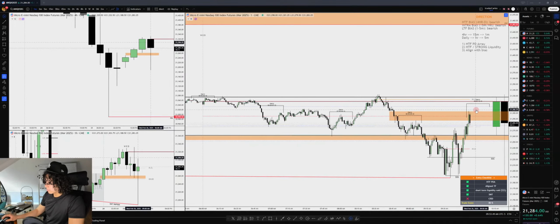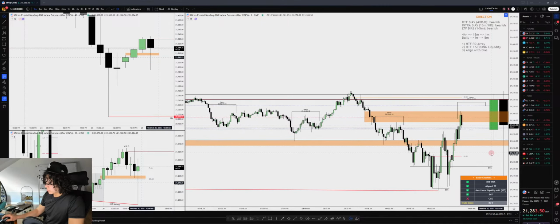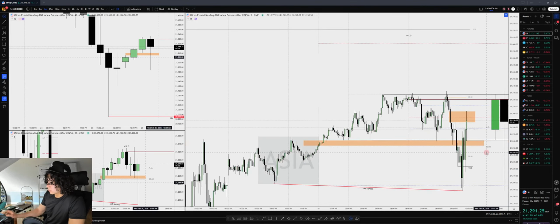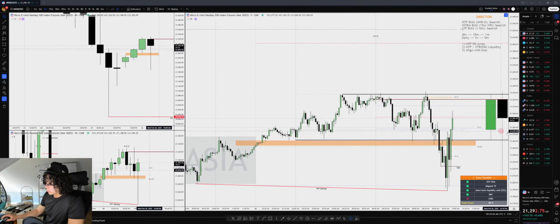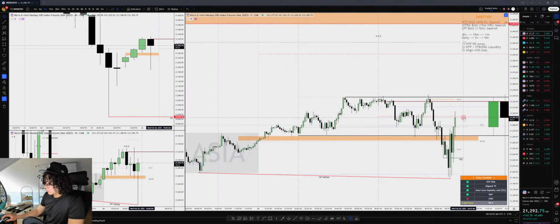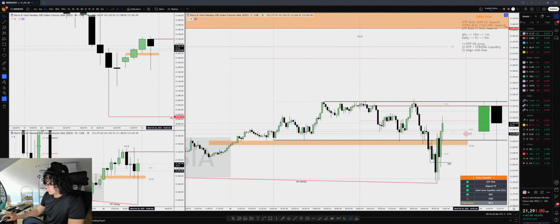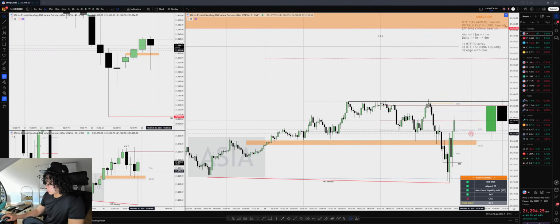So I want to see a closure above this gap. We have about 25 seconds into the 5-minute close.